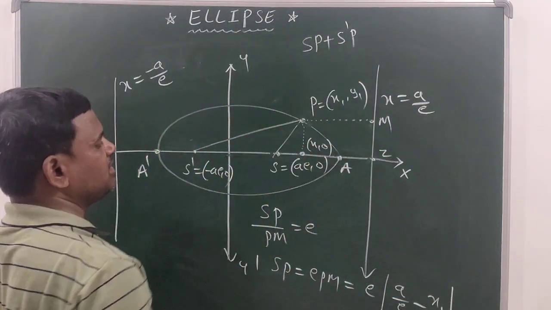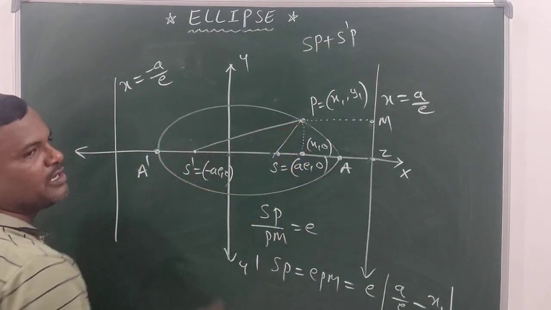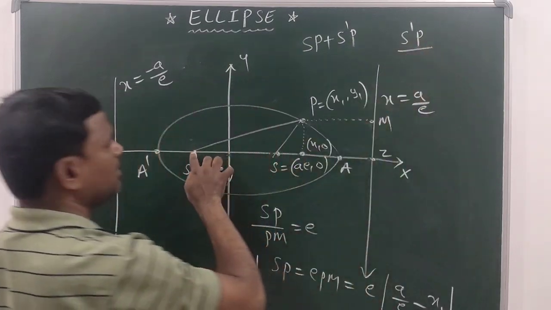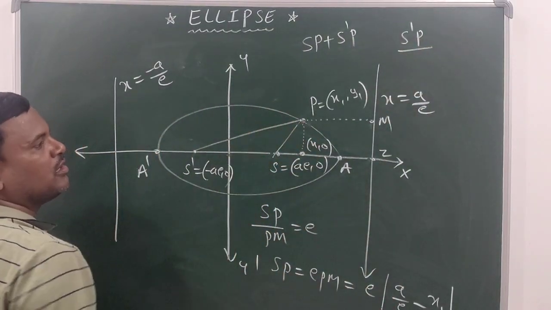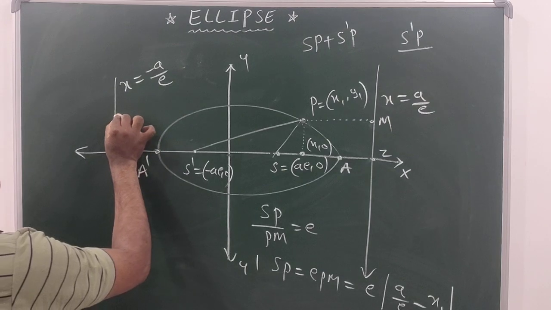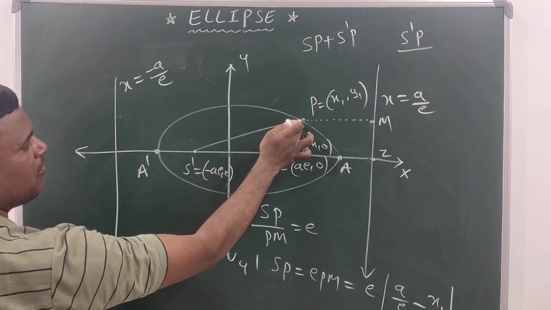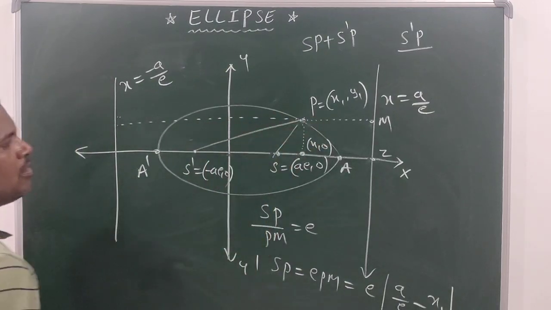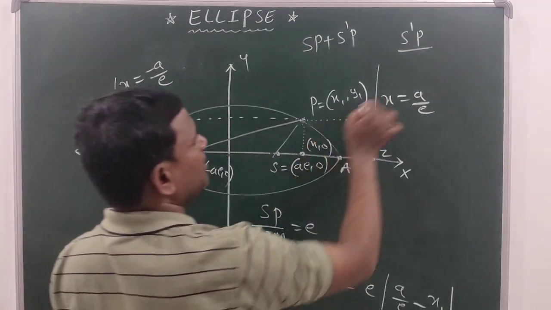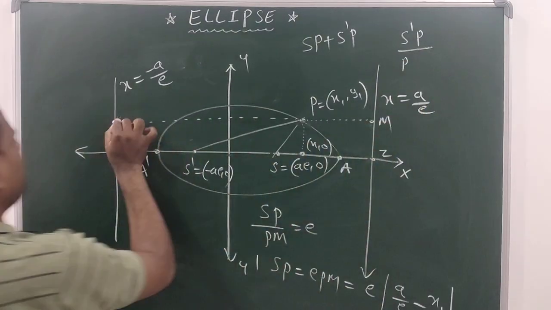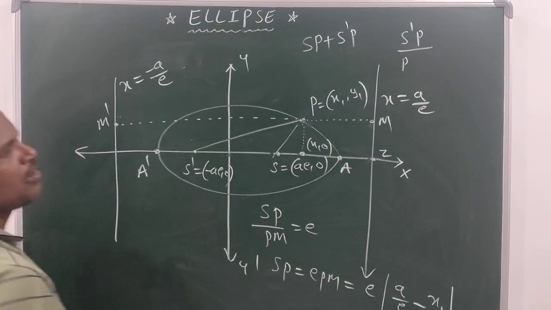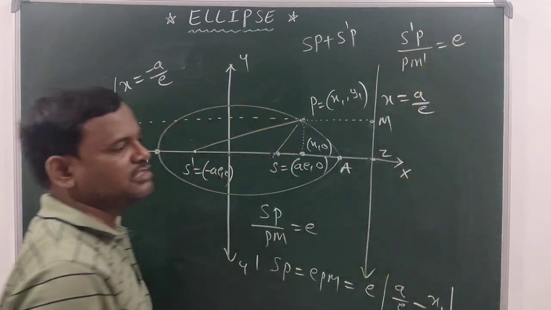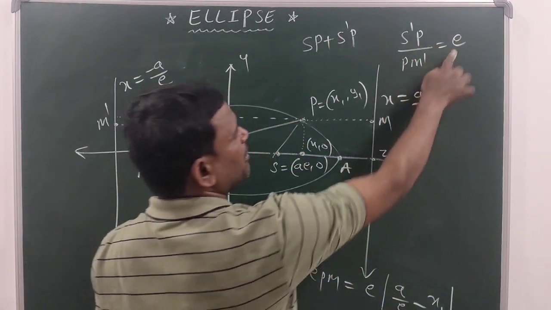Similarly, I want S dash P. How do you write S dash P? Drop a perpendicular from P to this directrix. Let the foot be M dash. S dash P by PM dash is also the eccentricity.